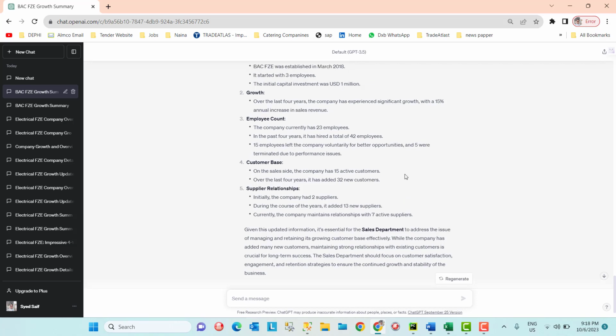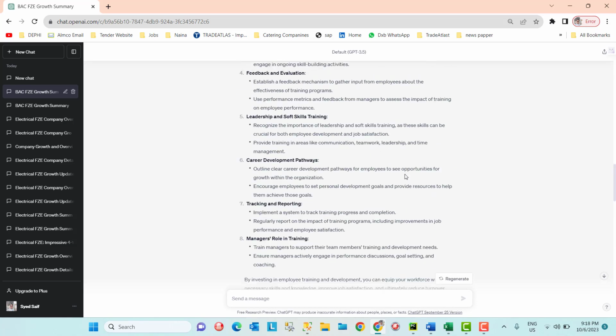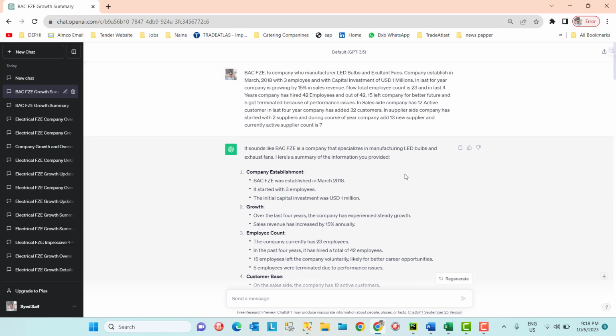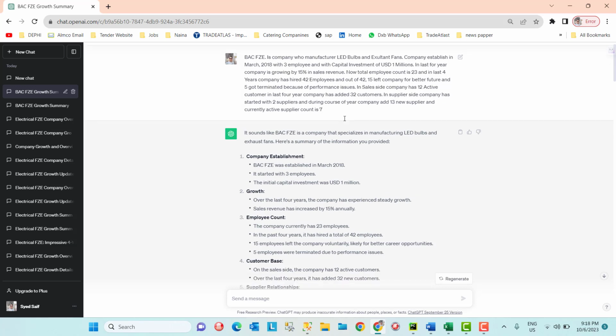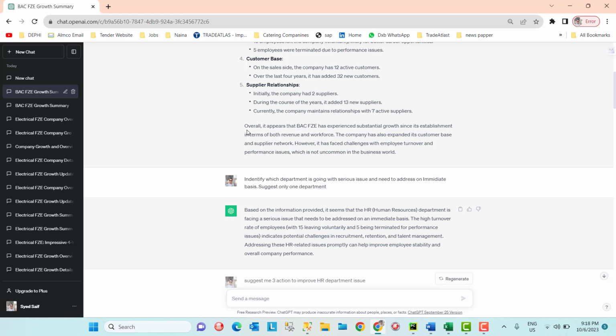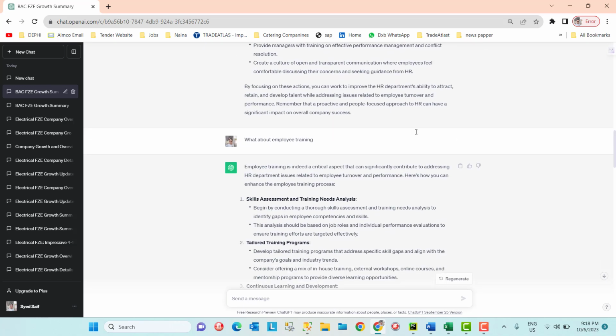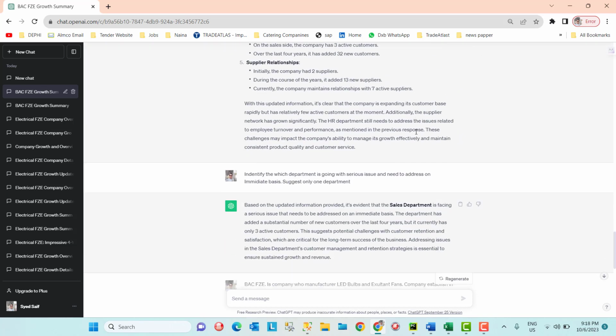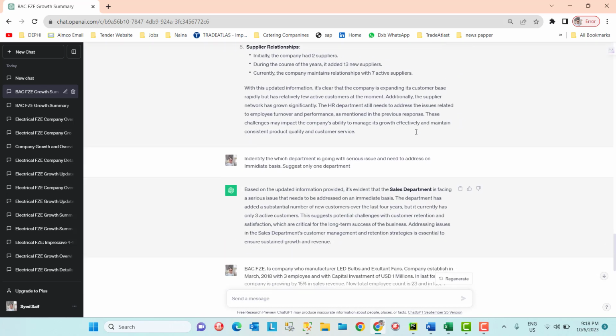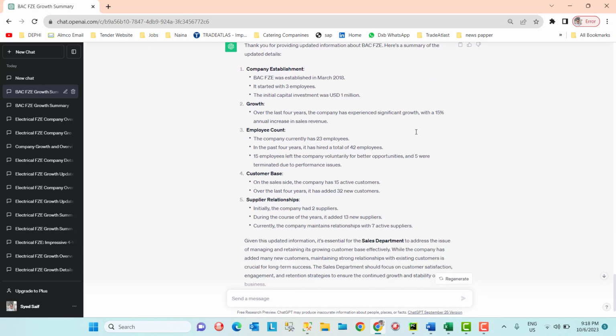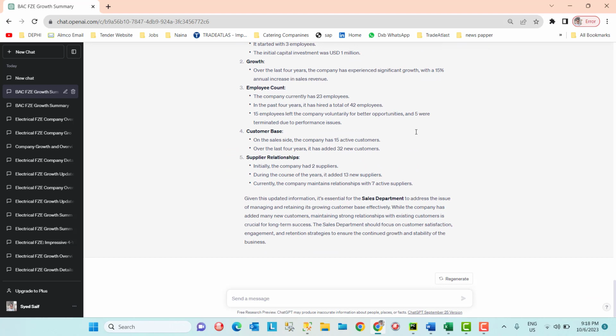If you go back to the first prompt, when I pasted this information the first time, it was just information. So overall, they appeared to experience substantial growth. So it did not identify anything, but it learns that whenever I give this kind of information, I need to reply with something.